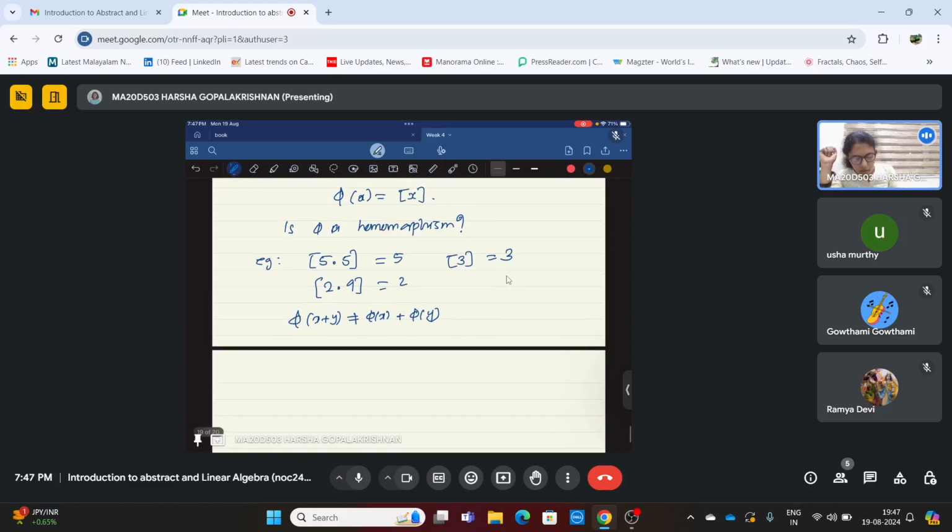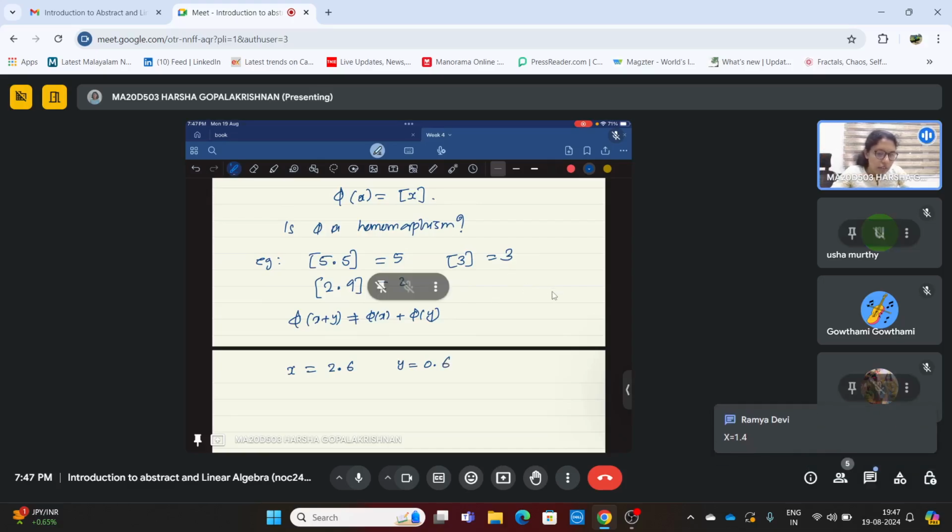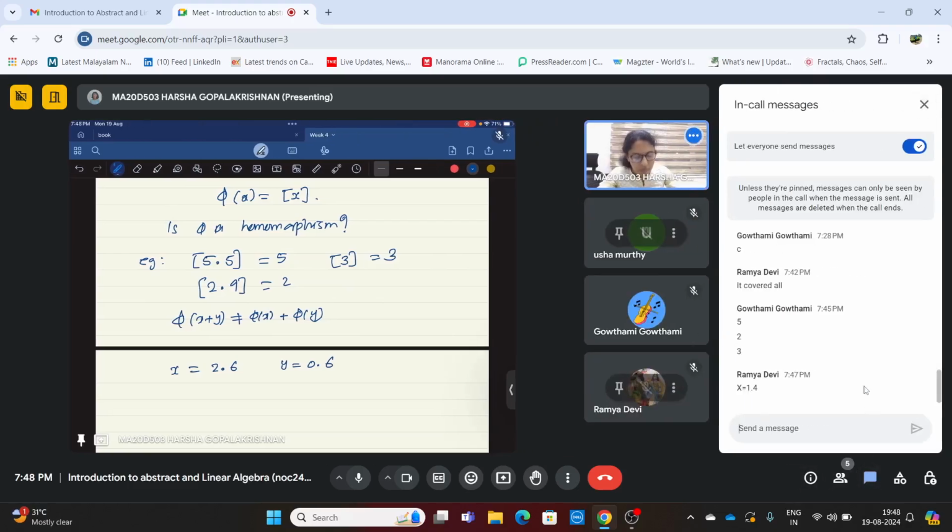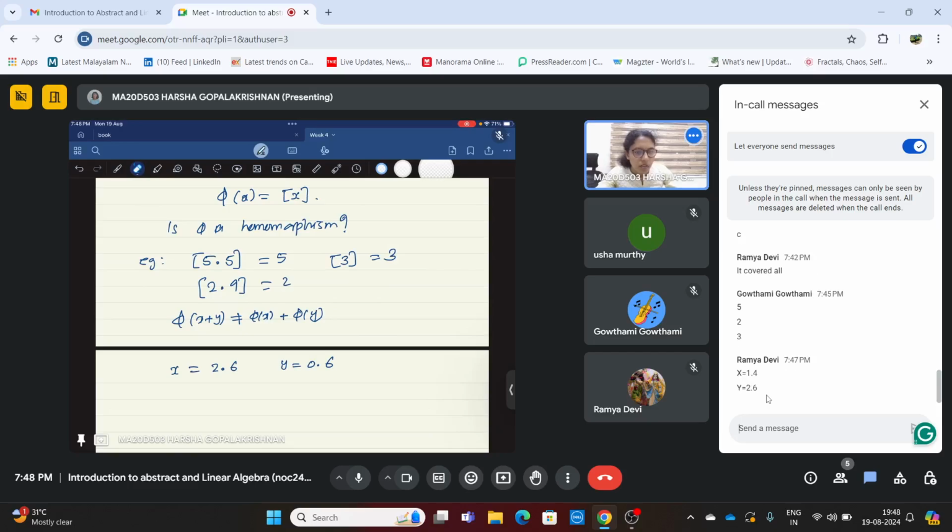Okay, give me an example. x equal to 1.4. Okay, what y can you take? y equal to 2.6.